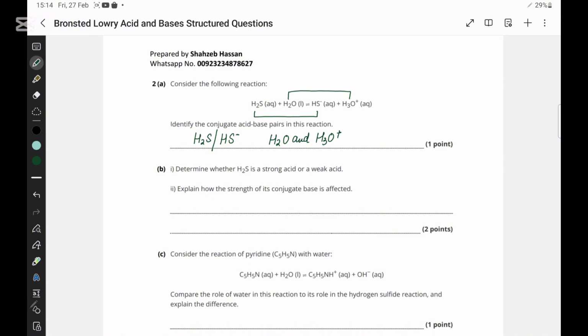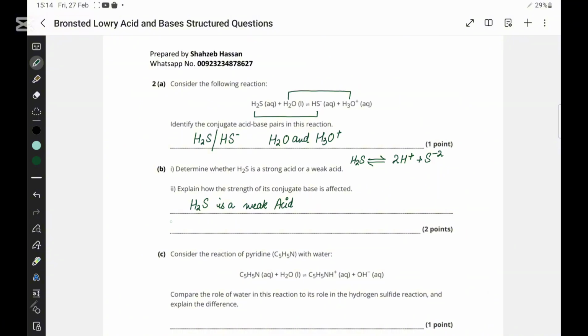In this question they are saying determine whether H2S is a strong acid or a weak acid. H2S partially dissociates in water, so it is going to be a weak acid. So H2S is a weak acid, and HS minus is its conjugate base.